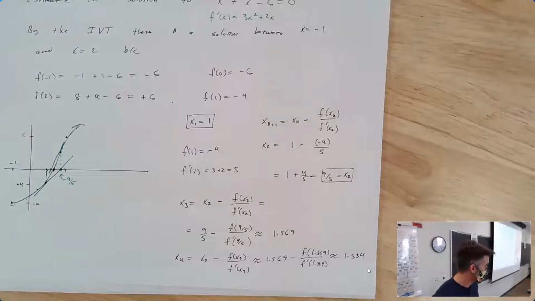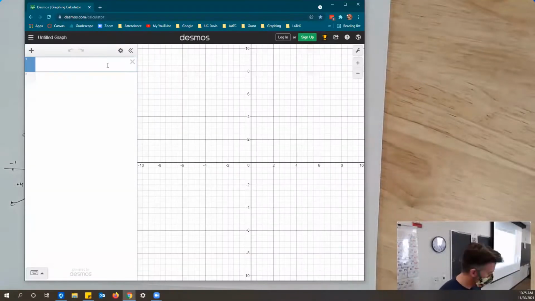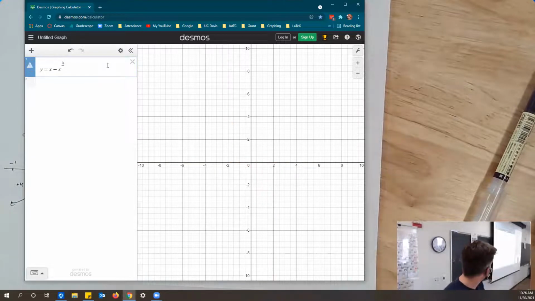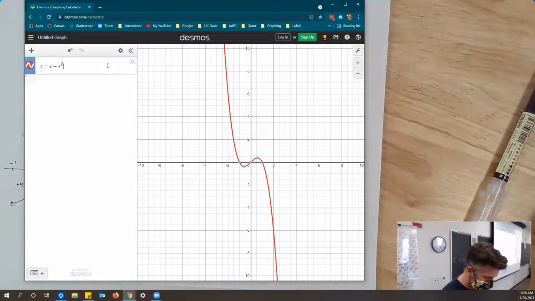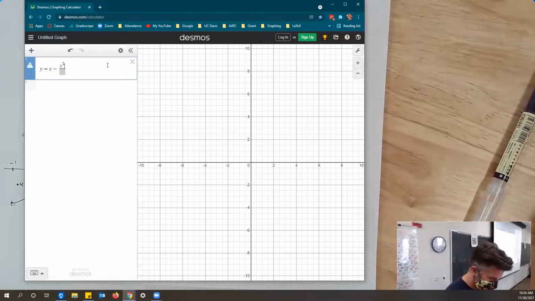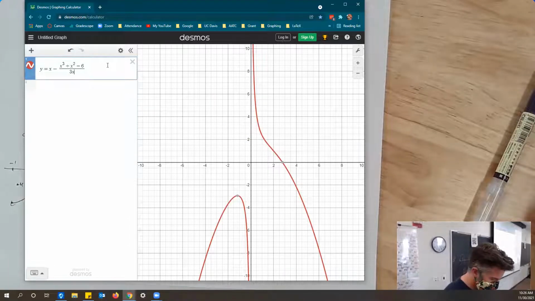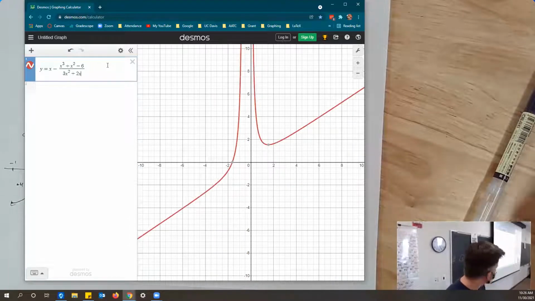So I'm actually going to graph that. I'm going to plug in y equal to x minus, so my f of x was x cubed plus x squared minus 6, and my derivative was 3x squared plus 2x.